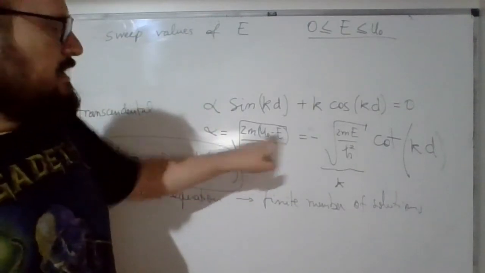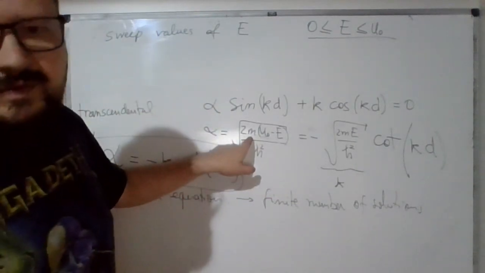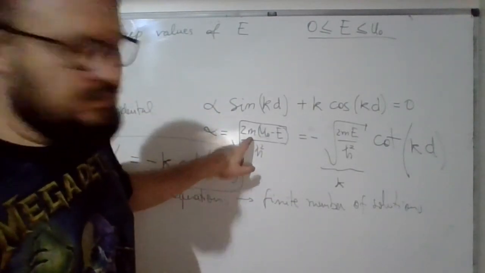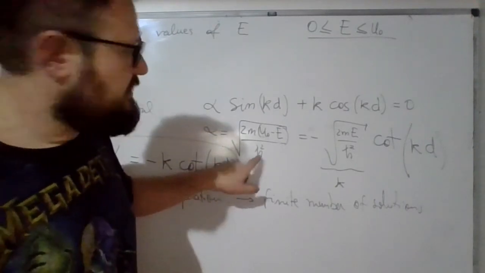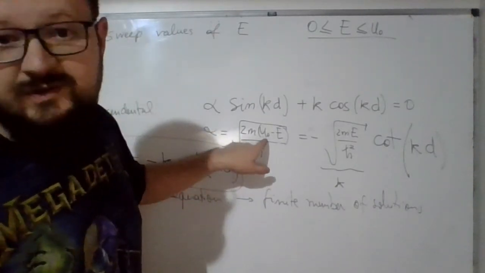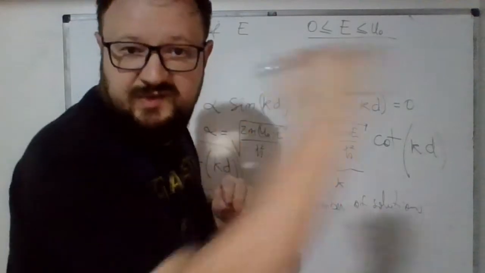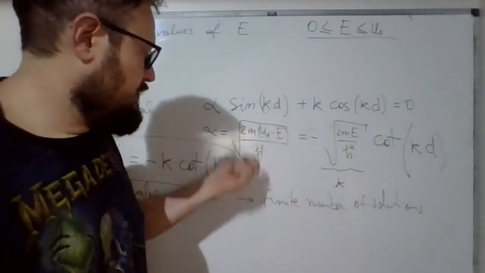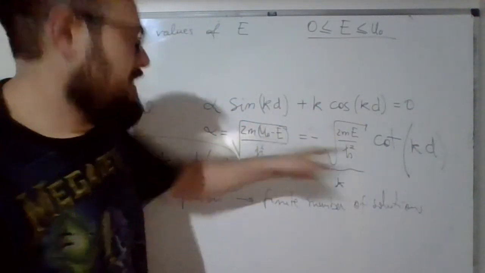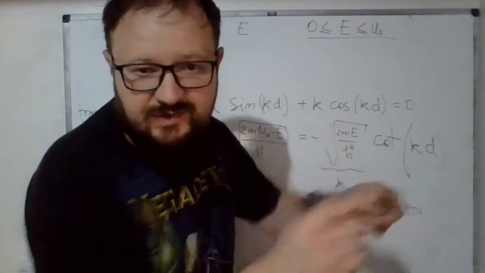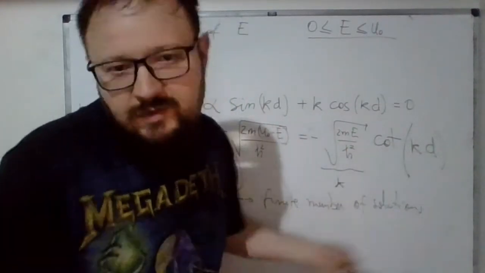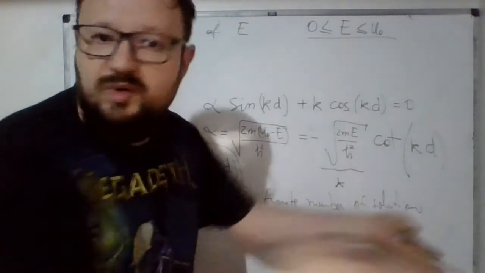You plug in here, the mass of the particle is a constant already known. h bar is Planck's constant. U naught is just a parameter of the potential profile, right? And D, which is the size of your well, is also a parameter, an input.